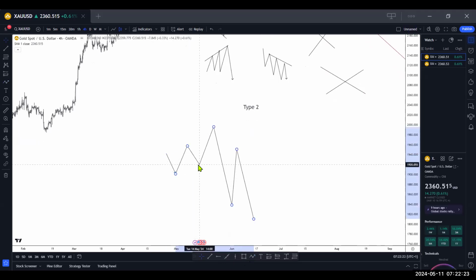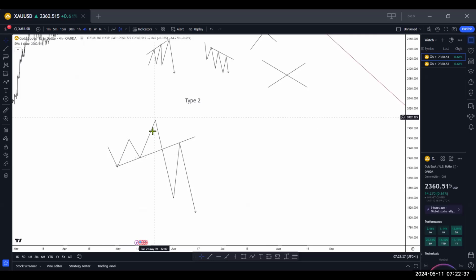So for type 2, you have two supports or two resistance breaks. First, second, break, first touch, second touch, entry. This is reversal because we were going up before, so price broke, first, second, and then entry.